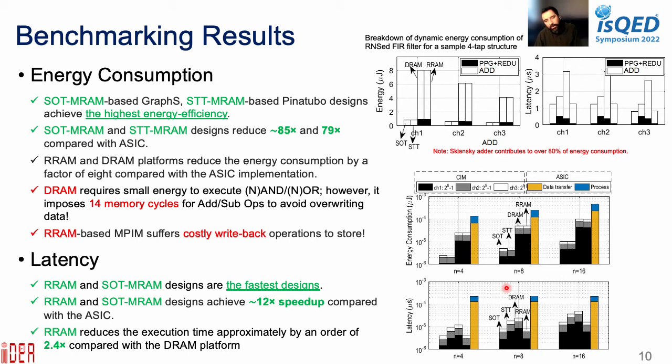We observed that our RAM and SOTM RAM designs could process the RNS channels faster than other designs, and this below figure depicts the comparison among RNS PIMs with the ASIC design by breaking down channel latency for various tap sizes again. And based on this figure, RAM and SOT platform can run the 4 tap structures 12 times faster than the conventional ASIC.